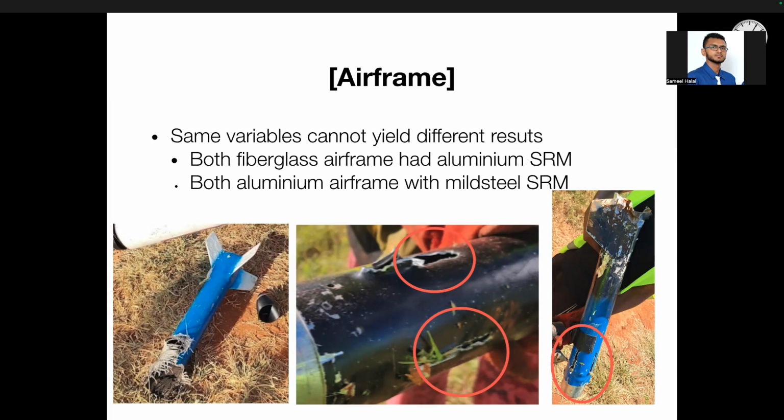Once we launched our first rocket, we already saw, as pointed out by Dr. Aoki, the shear by the bolt. So the second rocket we were about to launch, we realized we would not expect any different results, because the second rocket was also fiberglass with aluminum SRM. So just for different results, we can try interchanging them.